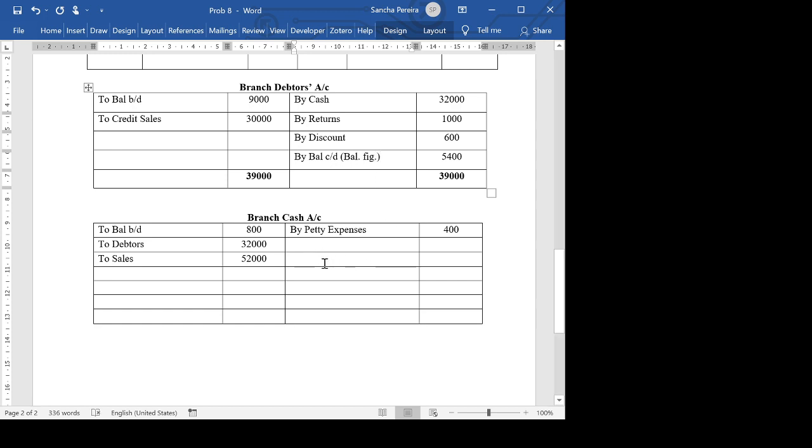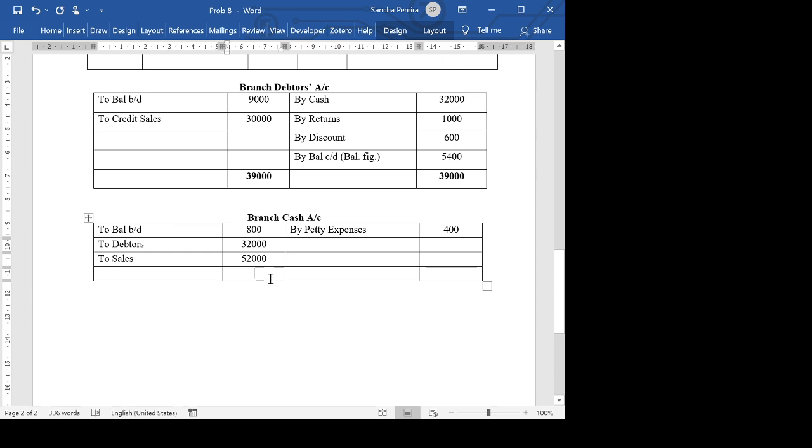And similarly here also you will have the balancing figure. The total here is 84,800. So 84,800. The balancing figure is 84,000.